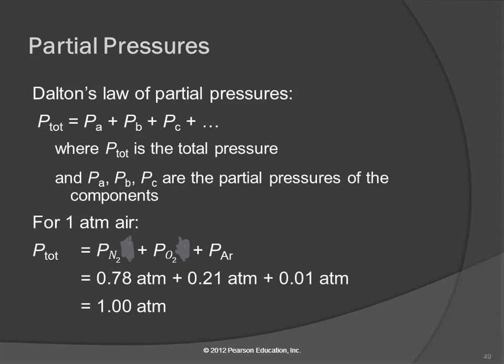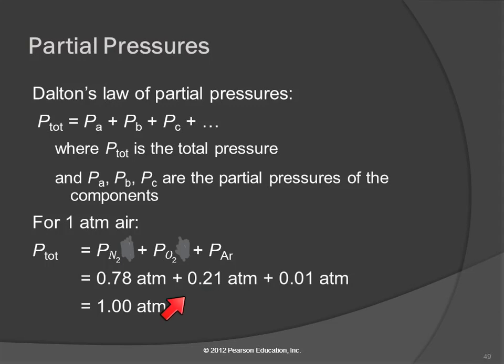My class yesterday didn't catch that, and I didn't catch it yesterday either. The total pressure is the pressure of each individual gas. We calculated those from the percent composition in a previous slide. So 78% nitrogen, 78% of 1 is 0.78 atmospheres. So that's the pressure of the nitrogen right there. Here's the oxygen, which was 21%.